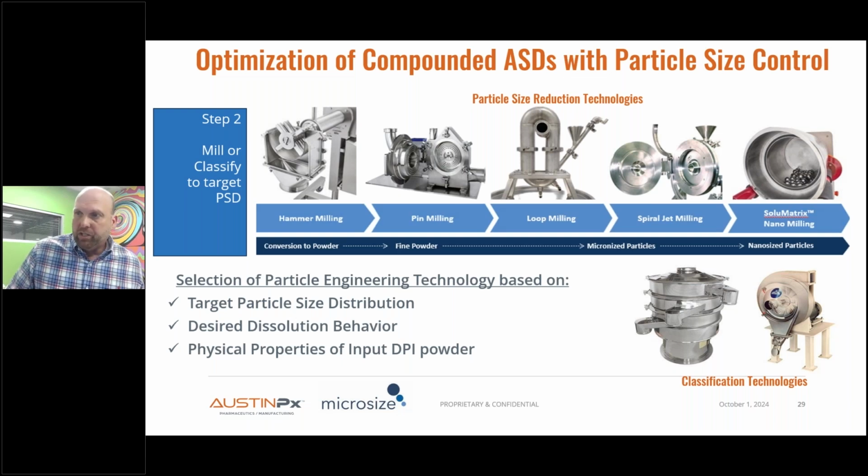So we will pick the distribution and technology based on the target particle size distribution, the desired dissolution with these two different surface areas dissolving over time, and optimize that. And then also understand the physical properties of that compounded powder and that excipient choice and that API molecule, understanding its physical properties and flow through a particular mill to optimize it and make sure that the milling process is problem-free.